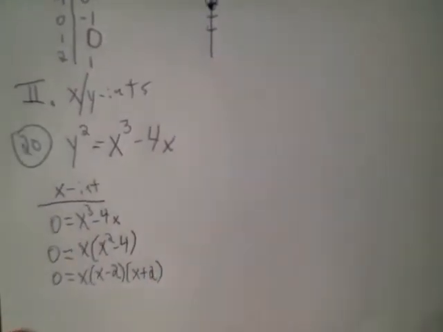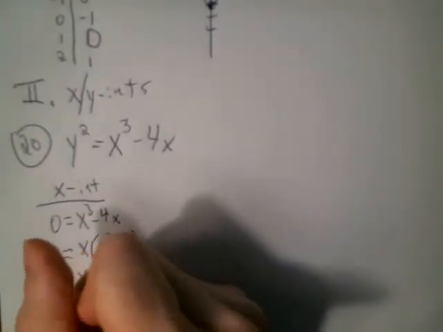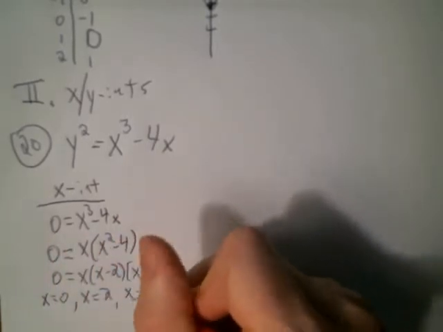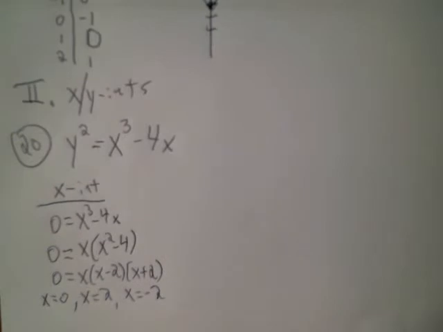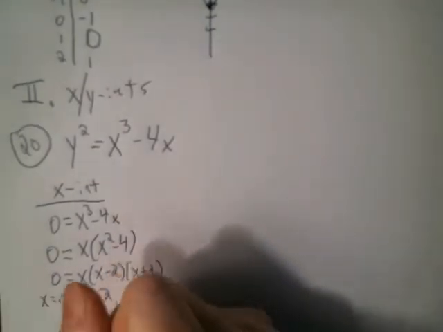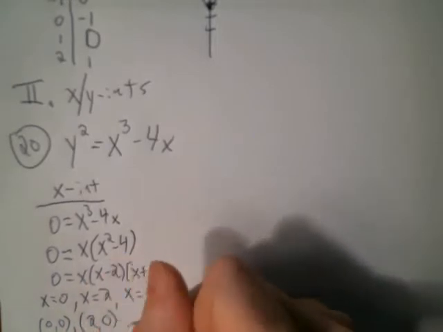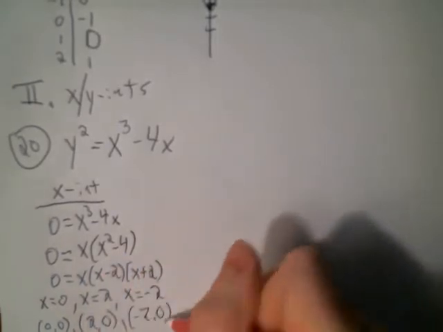Then I'll have 3 x-intercepts: x is 0, x is 2, and x is -2. Those give you the ordered pairs (0, 0), (2, 0), and (-2, 0). So there are 3 x-intercepts.